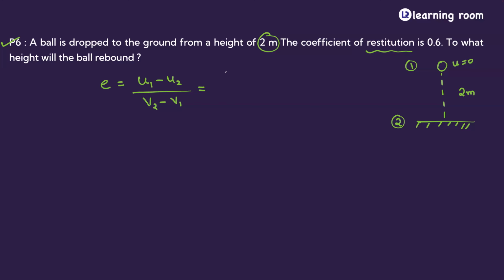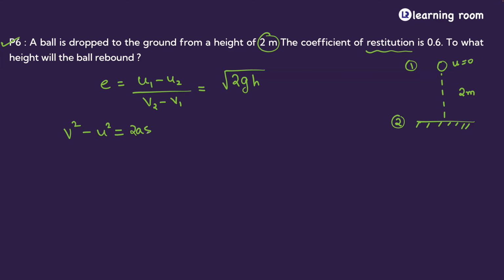So if you observe, it would have been root of 2gh, where h is going to be 2 meters. You know why I wrote that? Because I use v square minus u square is equal to 2as. So during the journey of the ball from the top to the ground, whatever velocity is attained by the particle just before collision will act as the initial velocity in this case.